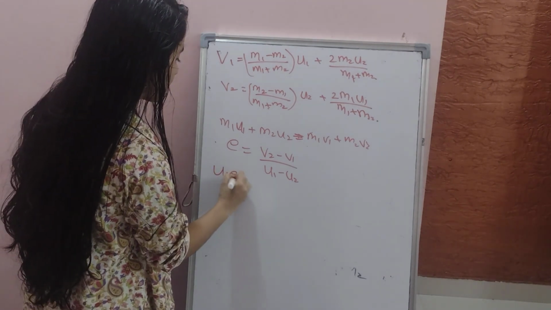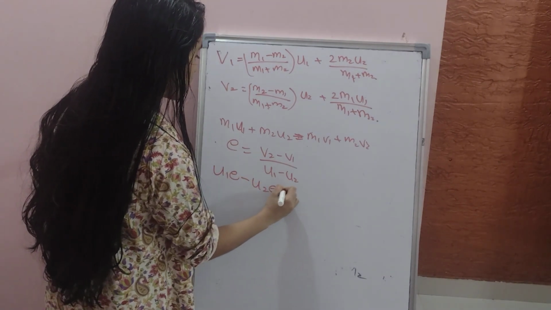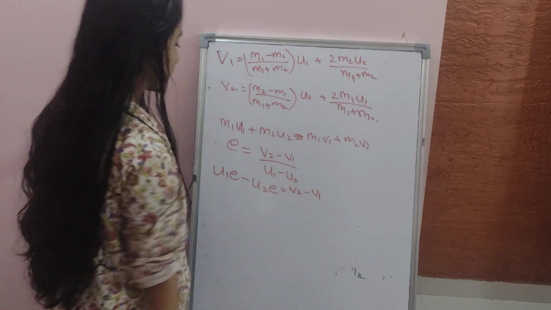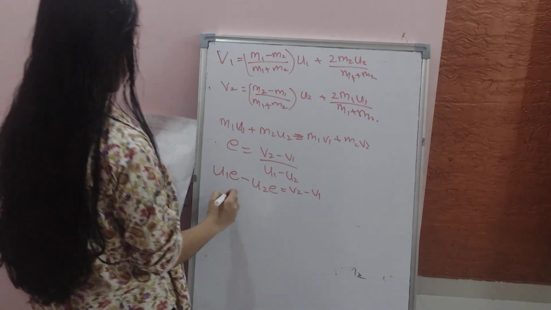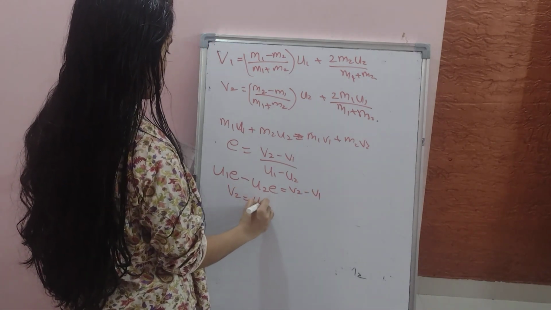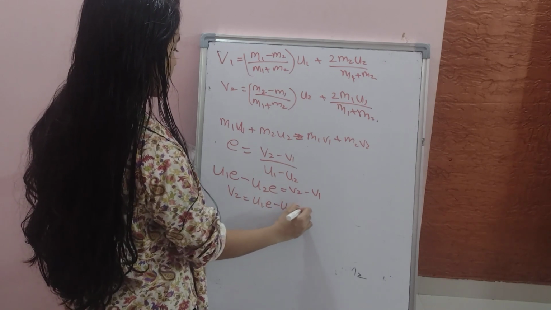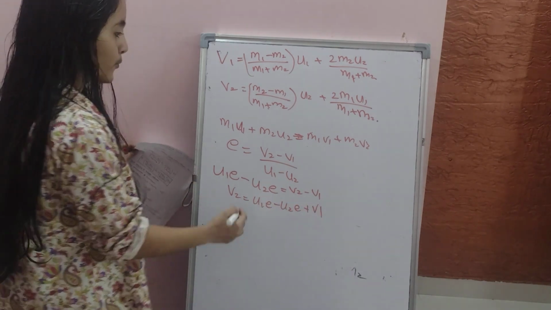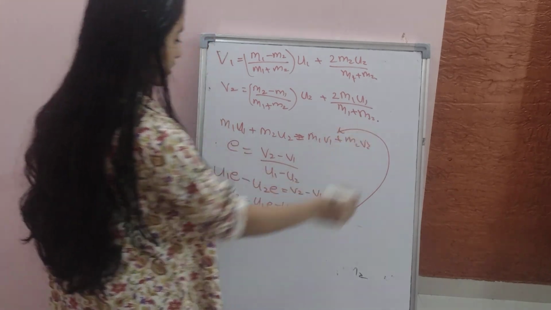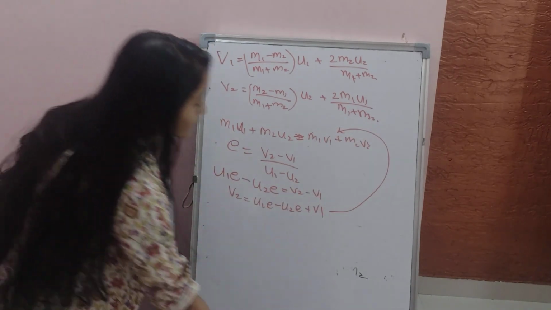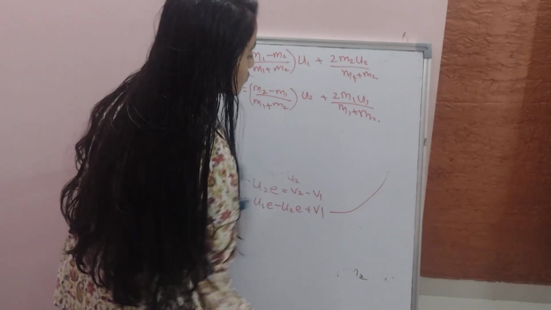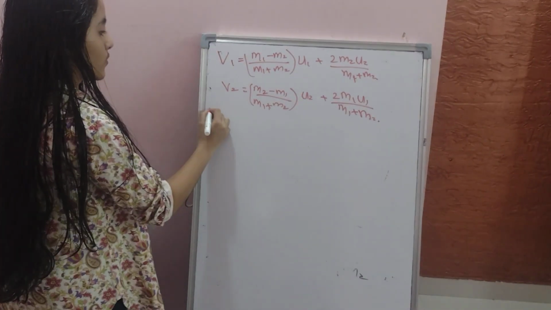Rearranging, u1 e minus u2 e gives v2 minus v1. We get v2 as u1 e minus u2 e plus v1. Put this equation into the momentum equation, and we will get the equations for v1 and v2 for inelastic collision.